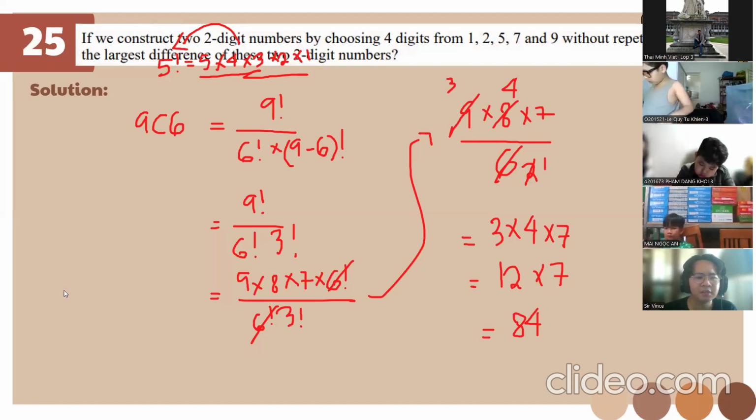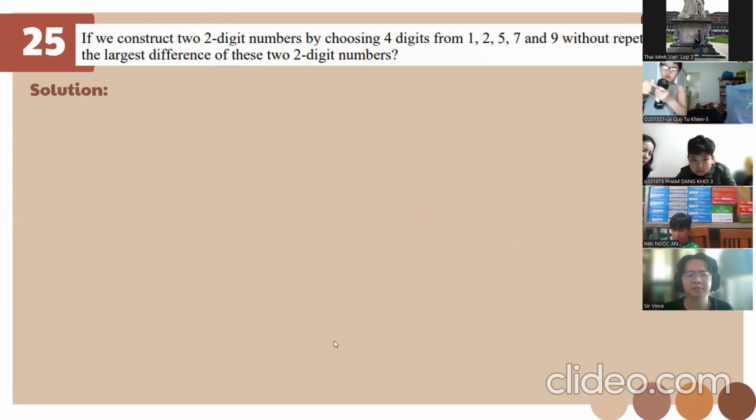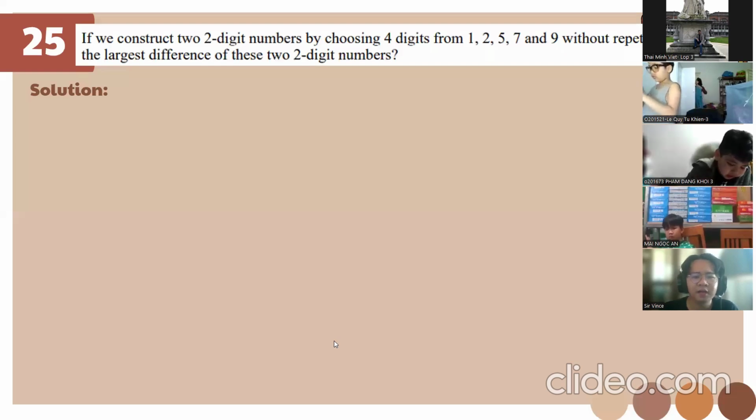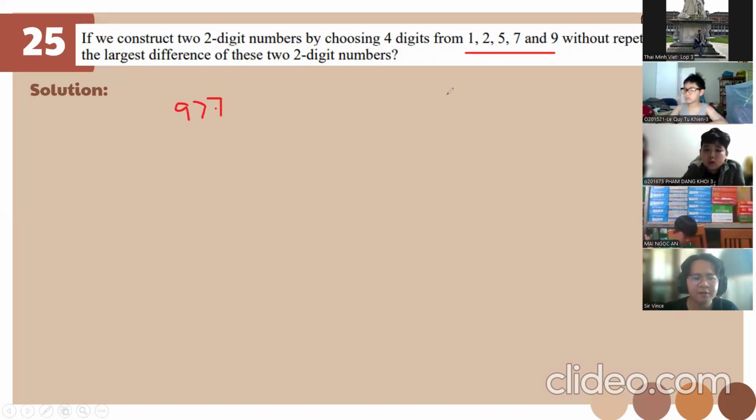So this one, class, the question is asking if we construct 2-digit numbers by choosing 4 digits from 1, 2, 5, 7, and 9 without repetition, what is the largest difference between 2-digit numbers? So let's line these numbers from greatest to least. So we have 9, 7, 5, 2, and 1.